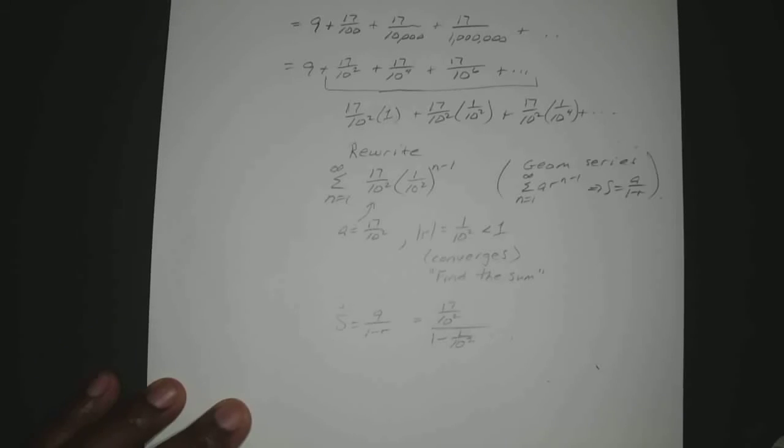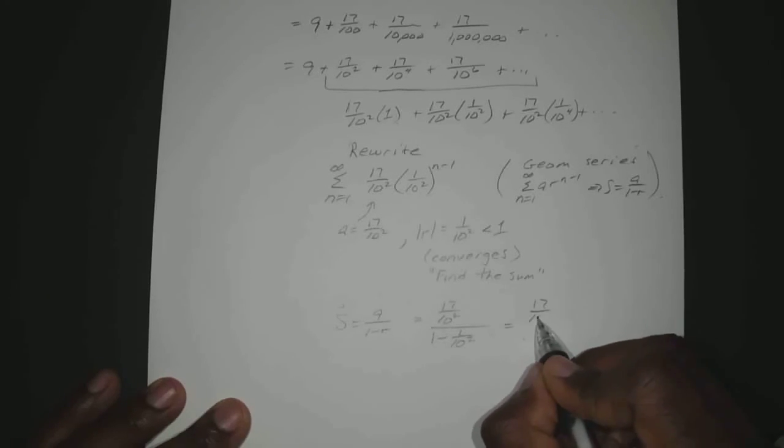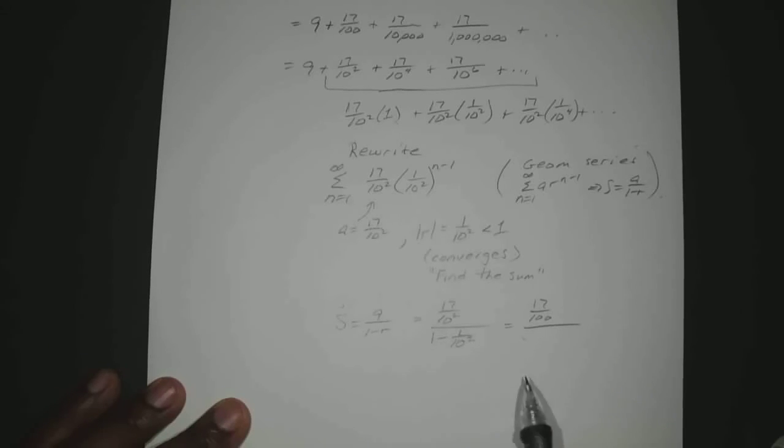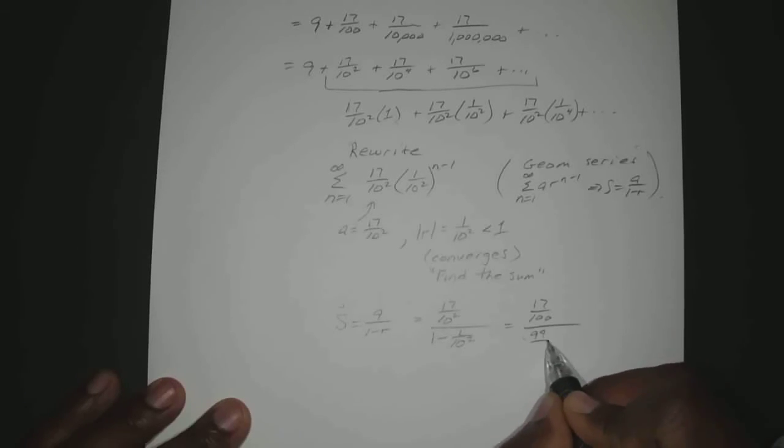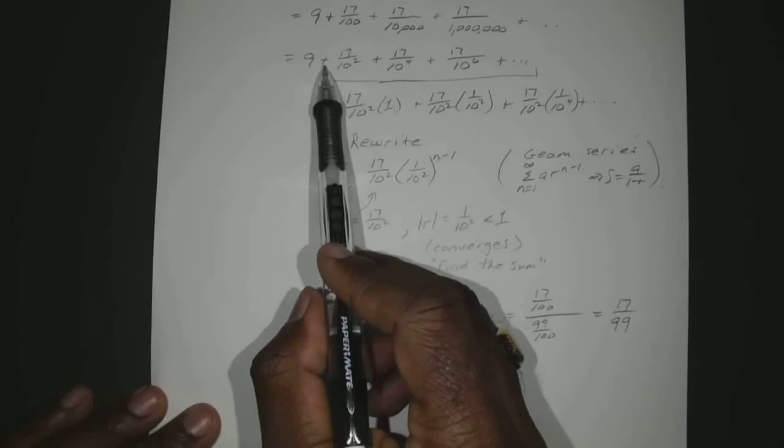There we go. Okay, so that just becomes 17 over 100 divided by, we make that 1 over 100, 100 over 100 makes that 99 over 100. So if we divide that, we end up with 17 over 99. Okay, so that's not our answer. That's just the sum of this part.